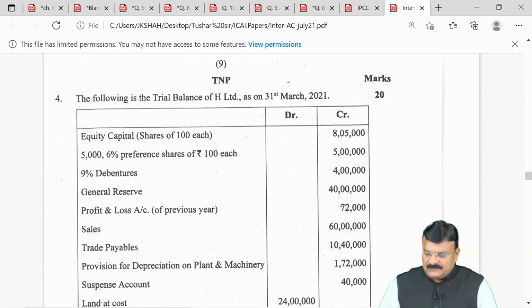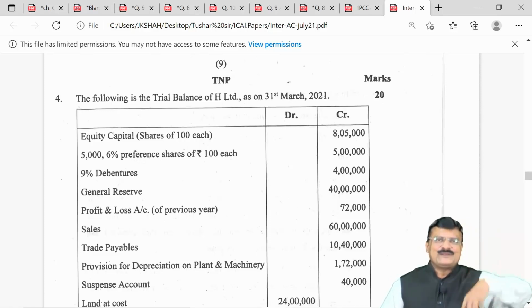Question 4. Following is a trial balance of H Limited as on 31st March 21. 20 marks question, see that, okay? Trial balance adjustments, and you have to prepare face of balance sheet, face of P&L and notes to accounts.